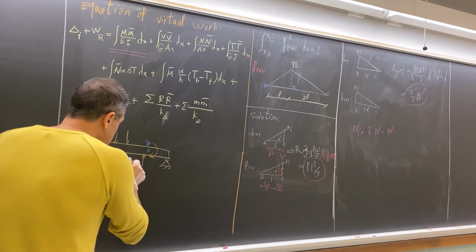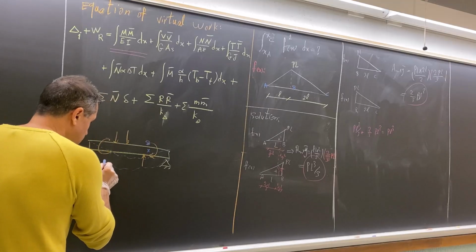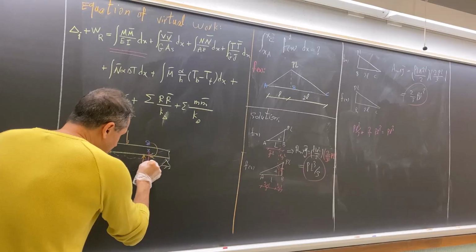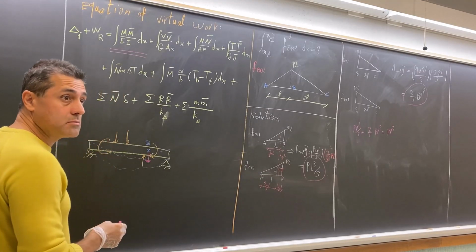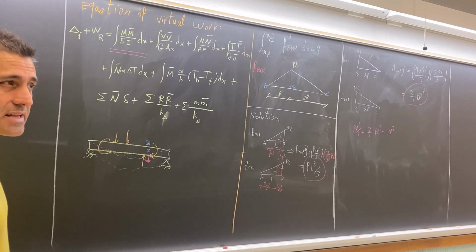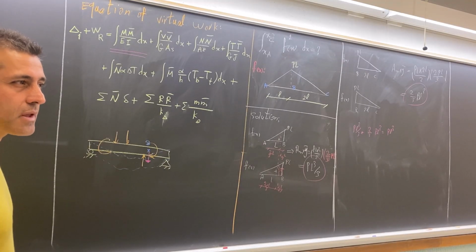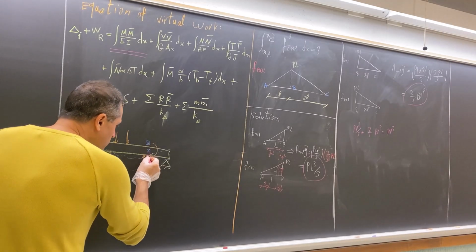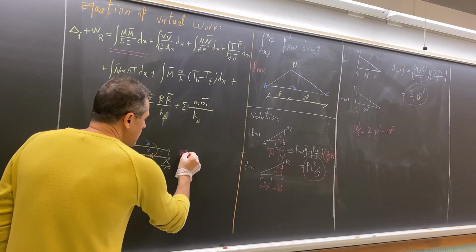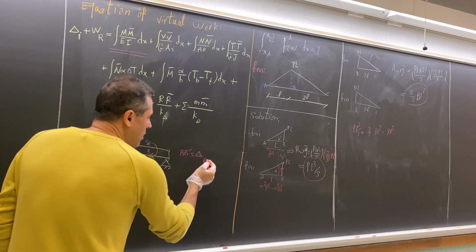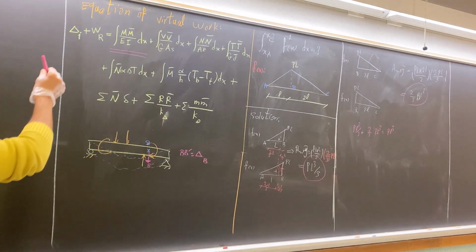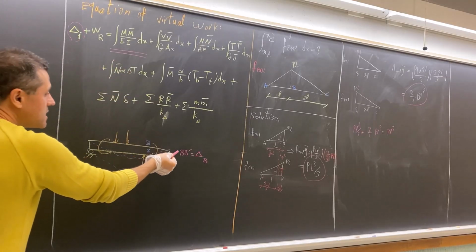If you draw the deflection of your beam, something like this, you see point B moves down, right? This is deflection of the beam. You learned it in strength of material, deflection shape. This movement of point B from B to B prime is basically delta, displacement of point B. Do you agree? This delta is displacement of point B.